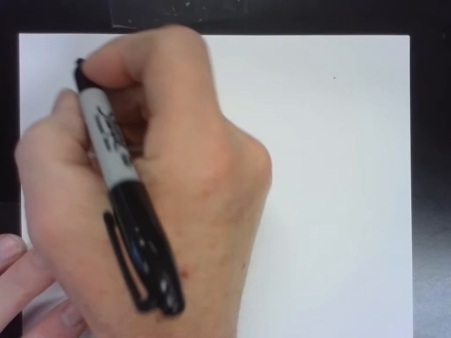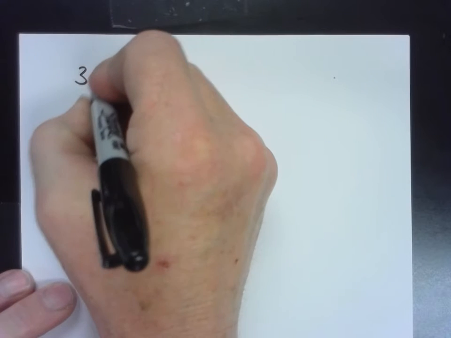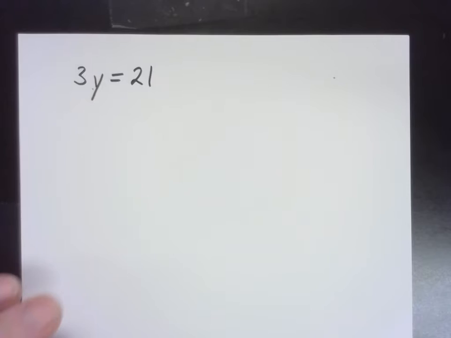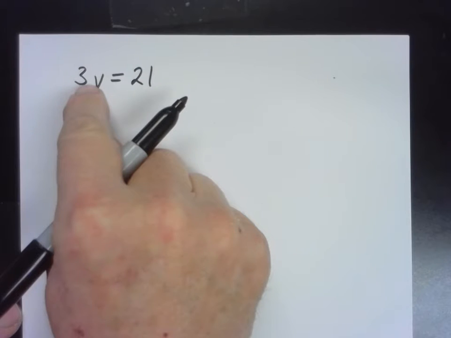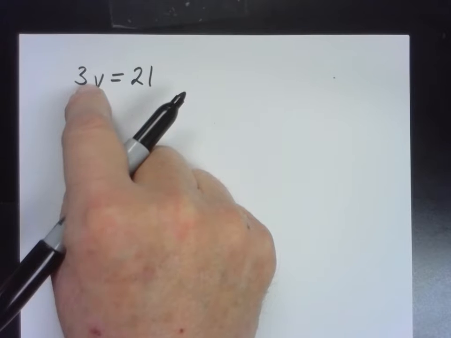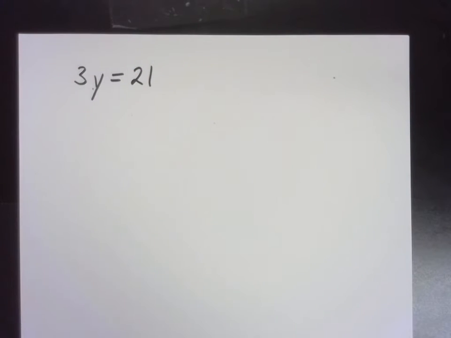Most of the time it looks something like this. See, the coefficient of our variable is not a 1, is it? But we need it to be a 1.